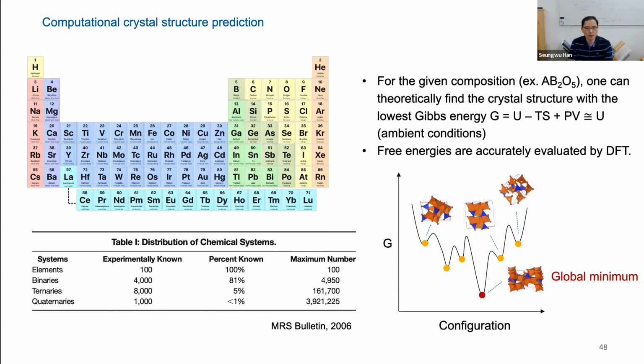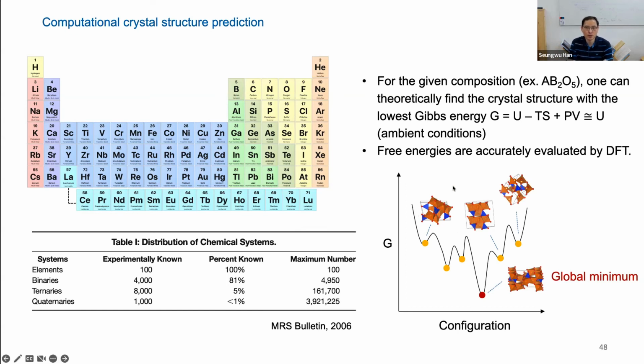Therefore, it will be very helpful if we can find crystals in the unknown domain theoretically before we experiment. And if we can find useful properties, then we propose to the experimentalist the synthesis of certain materials. So that is one of the dreams of theoreticians.